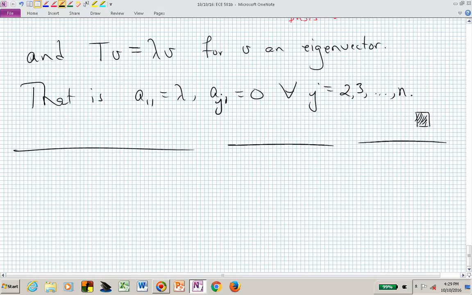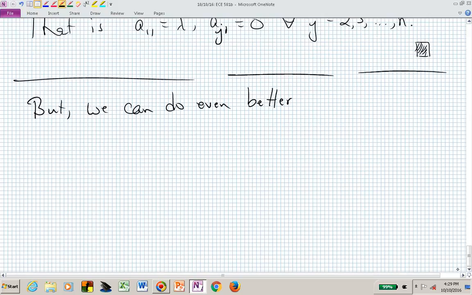What we want to do is probably do better than that. We want to now find more zeros in our matrix representation. And we can, as you would have expected, since we're talking about upper triangular matrices. But we can do even better than just having our first column filled up mostly with zeros.